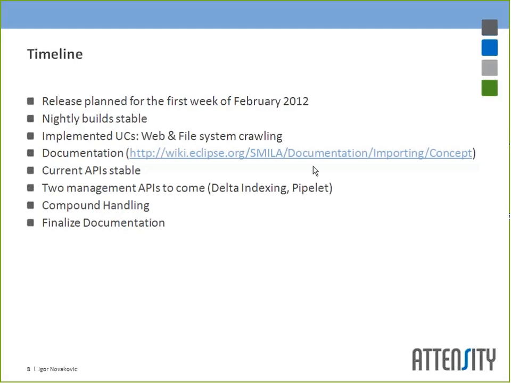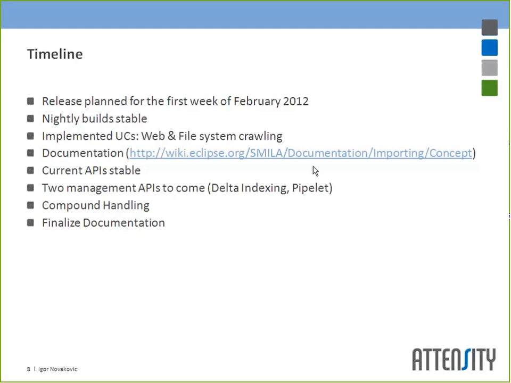The last feature that we would like to implement is also the compound handling. You saw it in the previous slides. The compound handler is actually a concept there, but there is still no implementation of it. When we finish our work till the end of this month, we will have 2 compound handlers.